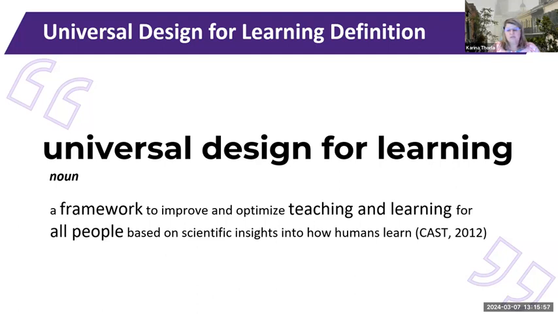In other words, UDL is a way to think about teaching and learning that gives all students an equal opportunity to succeed and offers flexibility in the student learning experience.